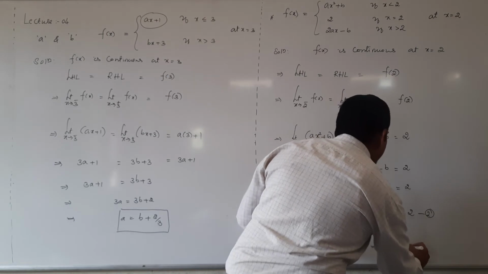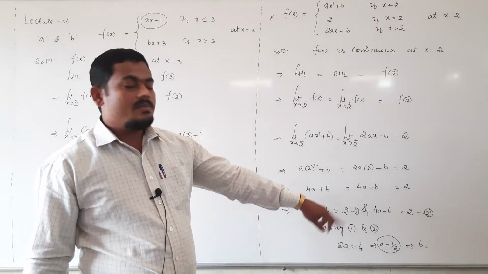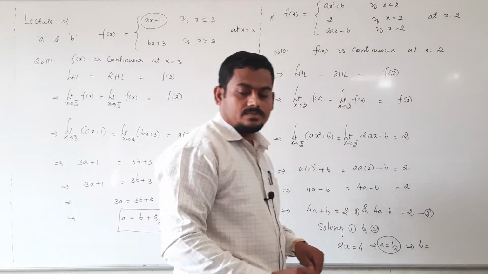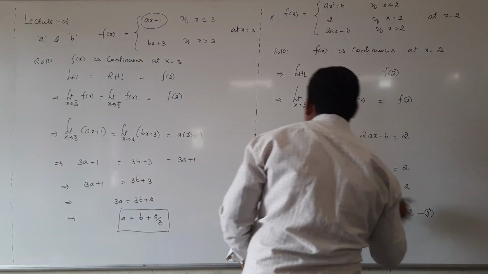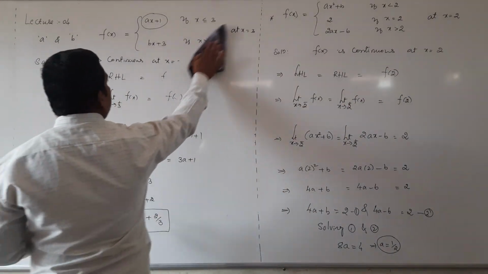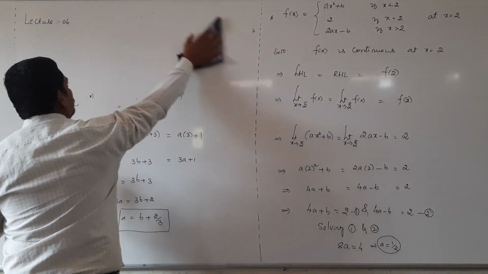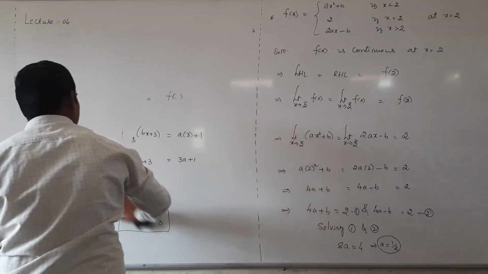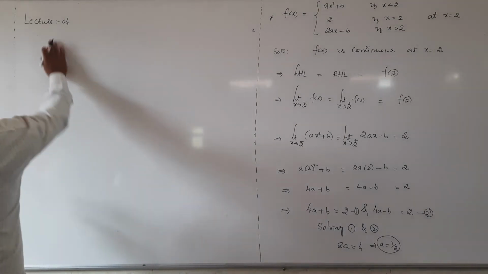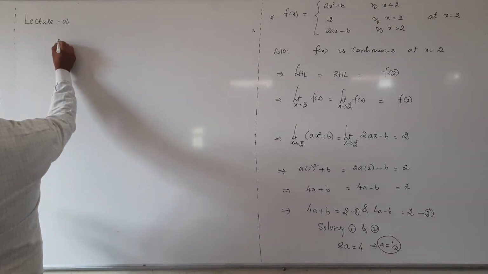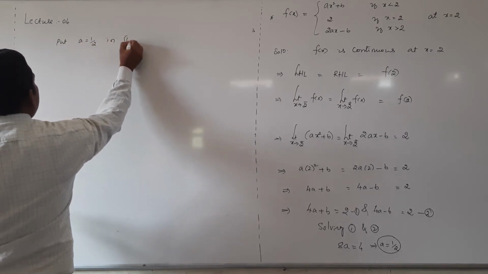After getting the a value, what is the b value? Put a equal to 1 by 2 in any one of the equations.